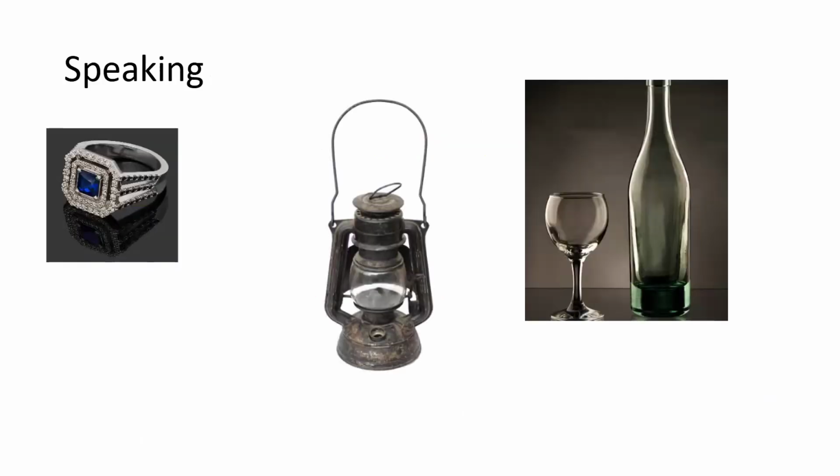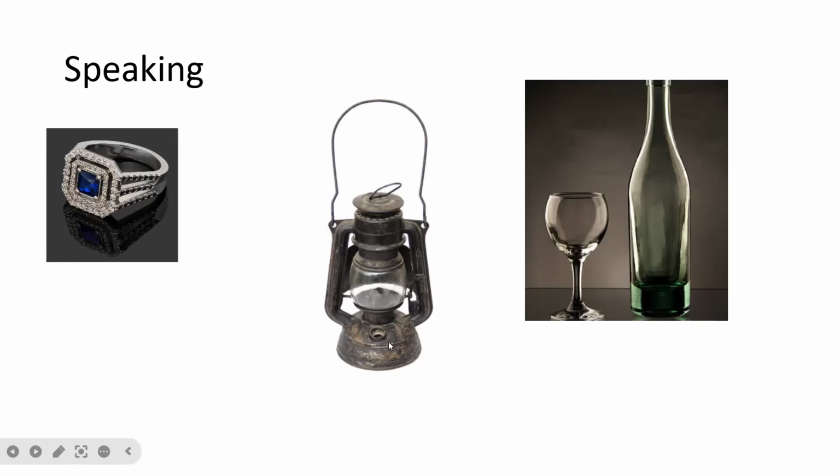Here I have a few examples of images that we can describe for this exercise. Let's say we're describing the ring. We could say it's a unique silver and blue ring. Let's say we're describing the lamp.